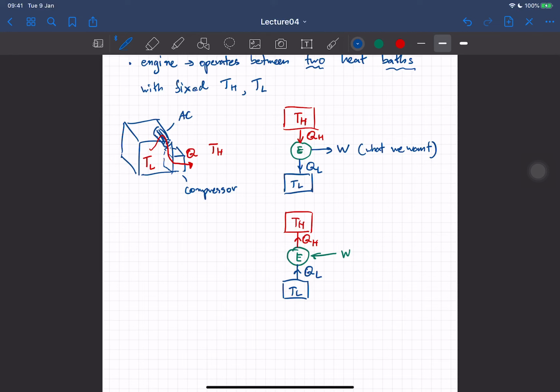Okay, so these two pictures are probably the most universal that we're gonna talk about in the next lecture, right? So you can extract heat from the hot side and get some work done, or you can put in work to move the heat in the other direction. Okay, so in general, we're gonna call this a heat engine. And the bottom one is what we call a refrigerator, or the air conditioner is one of them. Okay, so it's just a heat engine run in the backward direction.